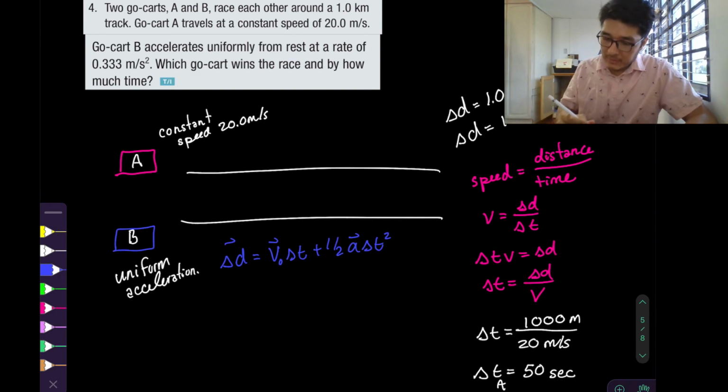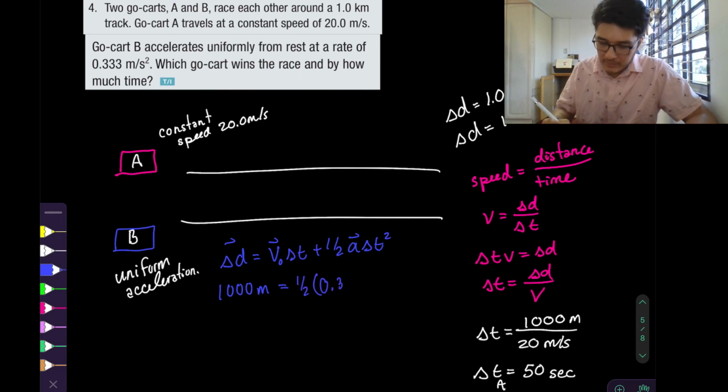Our displacement is 1,000 meters, and we're going to assume to the right is positive. They start from rest, so initial velocity is 0, and the acceleration is 0.333, and delta t is what we're trying to find.